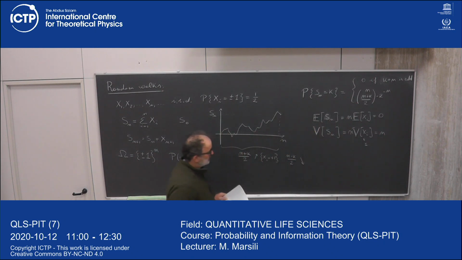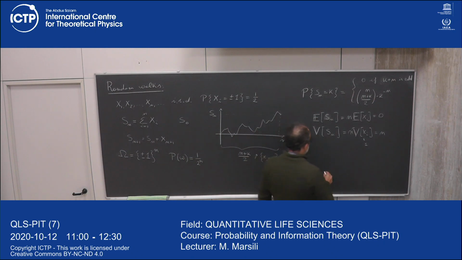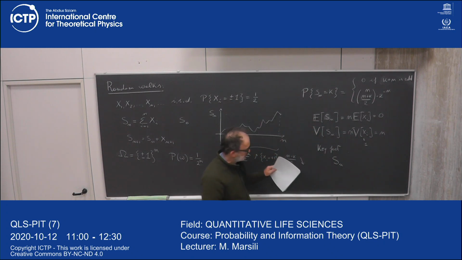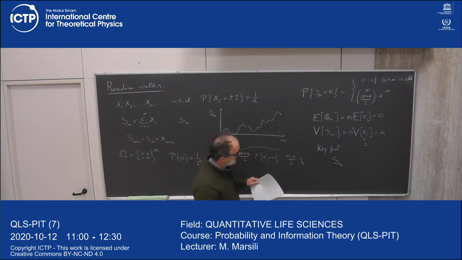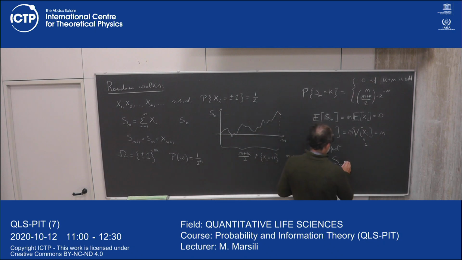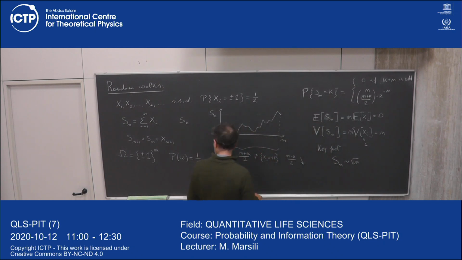Okay, so the first thing that you learn, and this is the key fact, is that the expected excursion of a random walk after n steps is of order square root n.